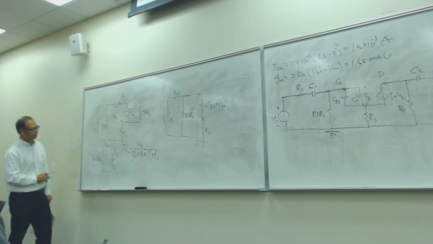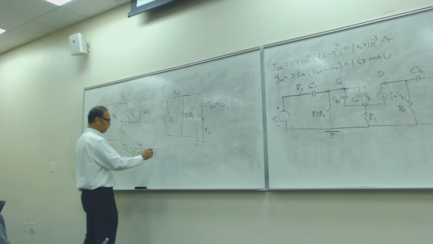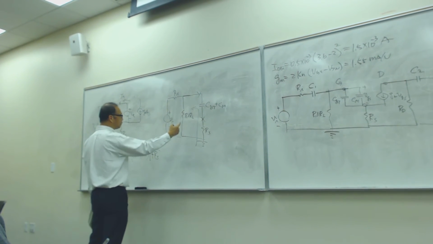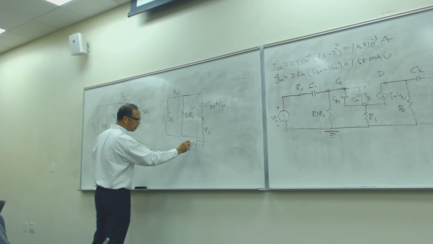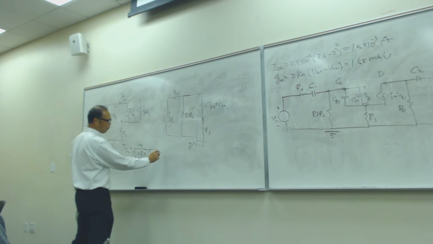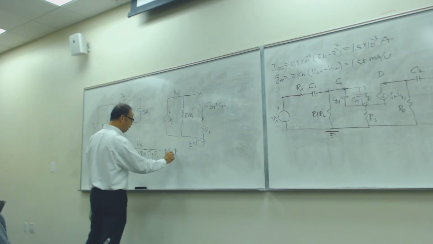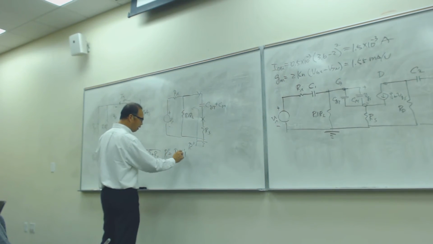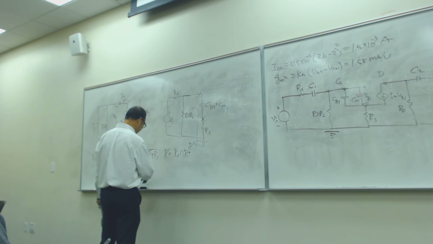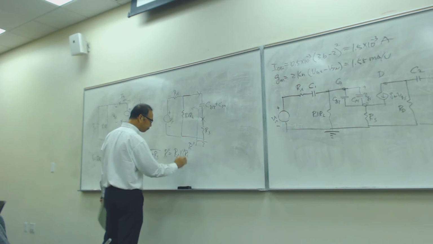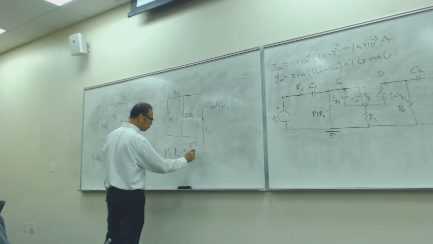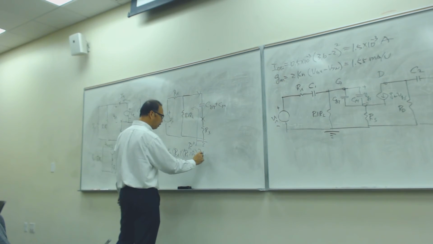That's the current. So, therefore, let's say we call this R double prime, right? So therefore, R double prime is simply Ri in parallel with R1 in parallel with R2, plus R sub S.